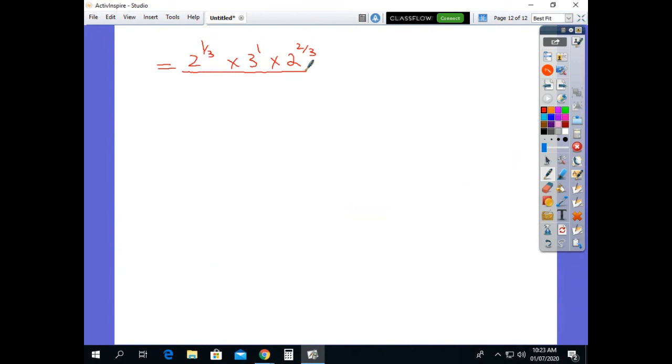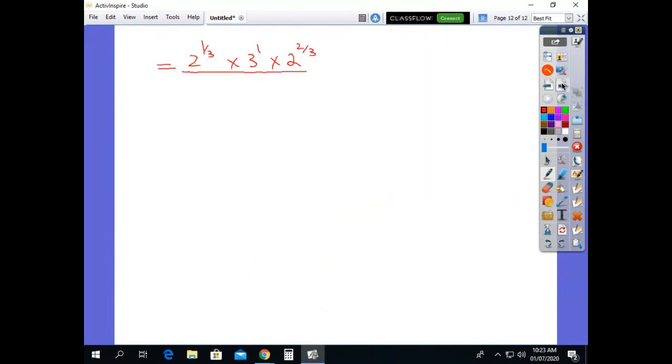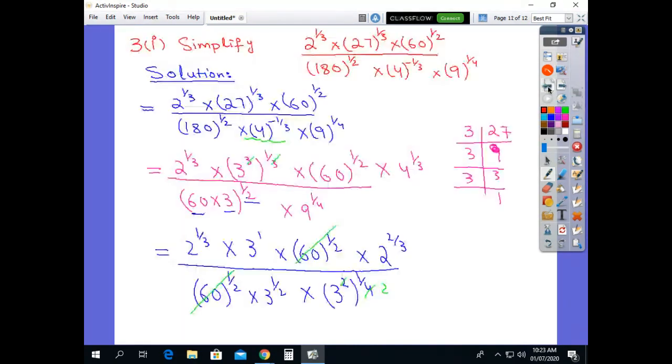In division form, we have 3 raised to power 1 by 2 and 3 raised to power 1 by 2. After simplification, it becomes 3 raised to power 1 by 2.